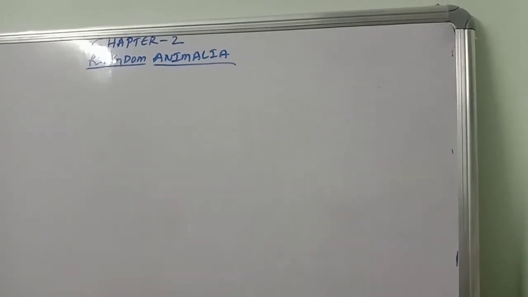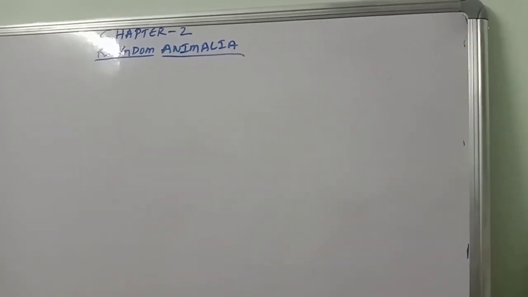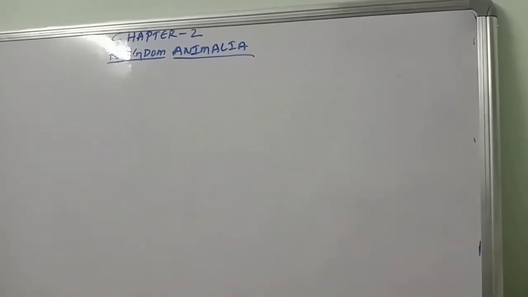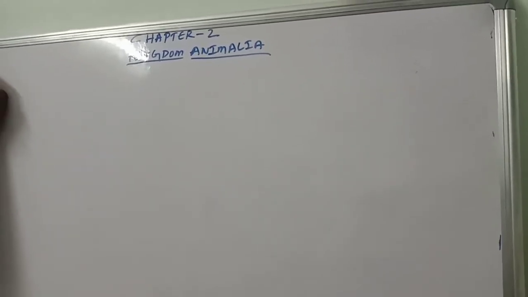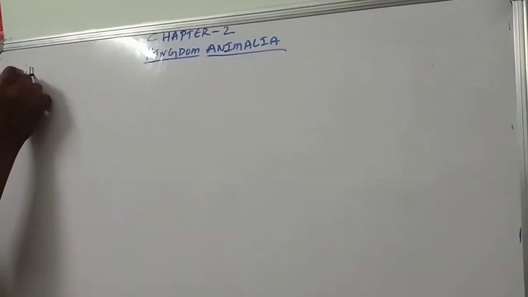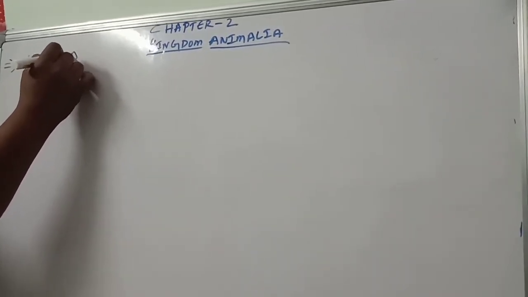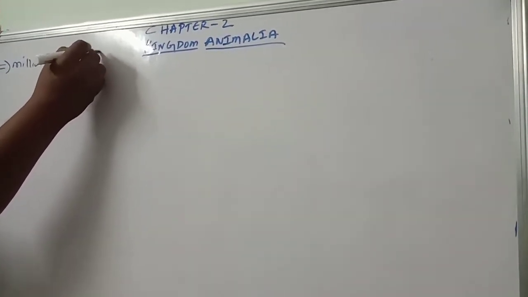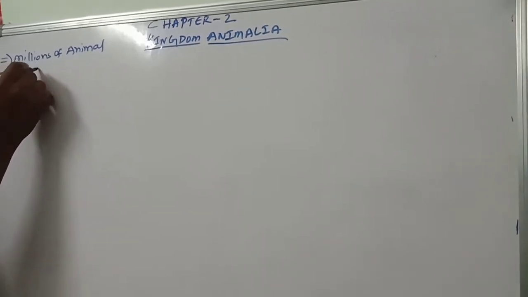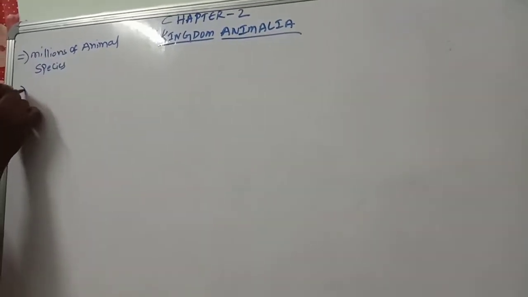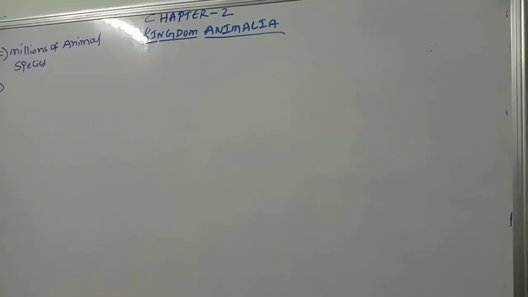In the Kingdom Animalia, millions of animal species are there. If they are not classified properly, what will happen?